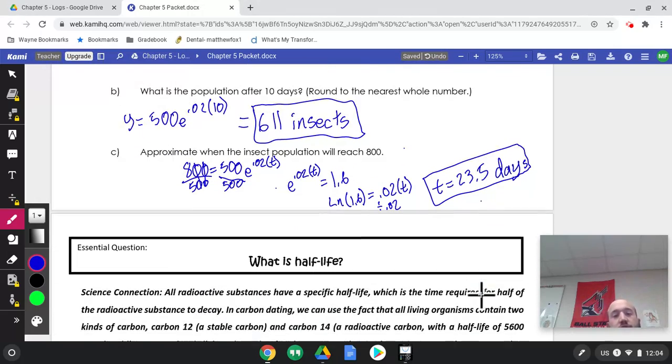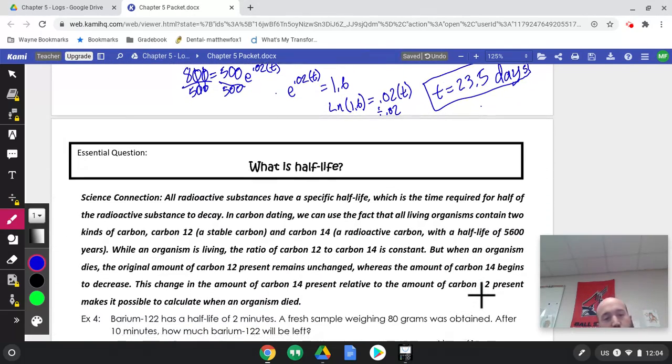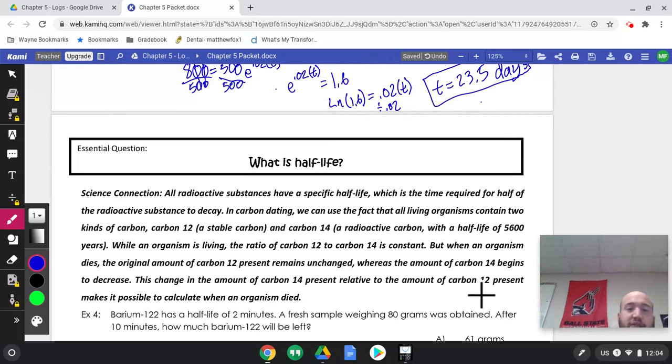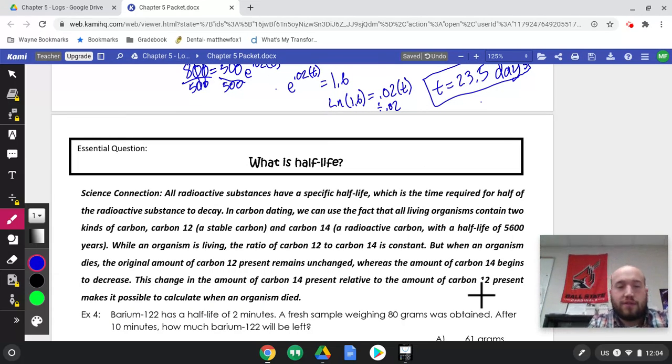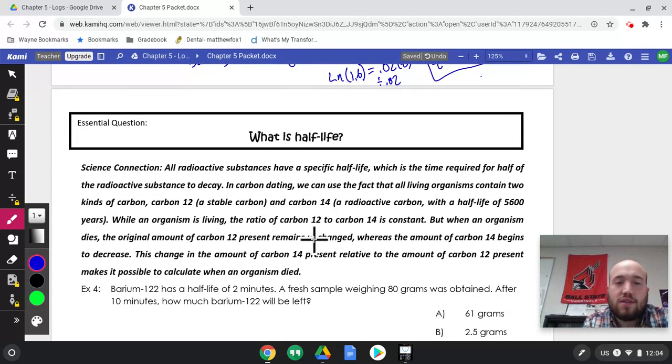So go ahead now, flip it to the back, and the final thing we're going to talk about in this chapter is our half-lives. So right here, let's read through this science connection. It says, all radioactive substances have a specific half-life, which is the time required for half of the radioactive substance to decay. In carbon dating, we can use the fact that all living organisms contain two kinds of carbon.